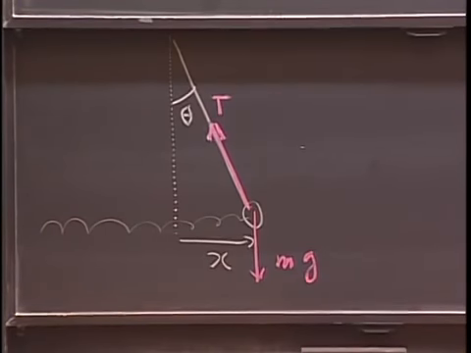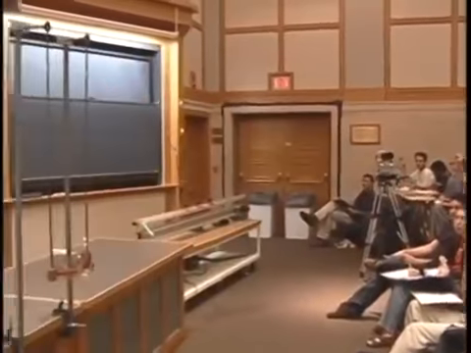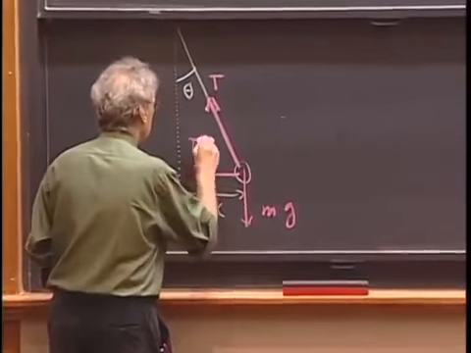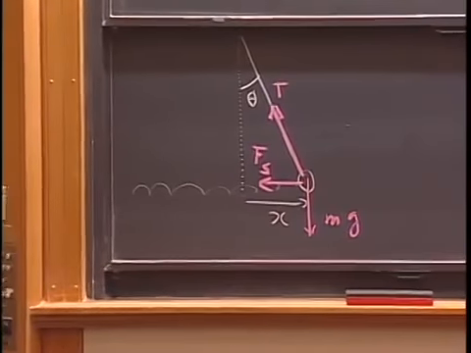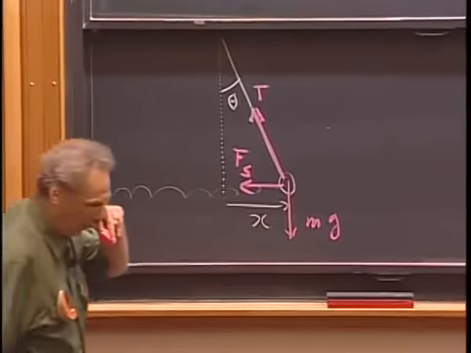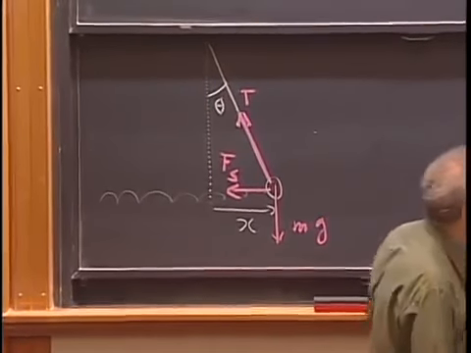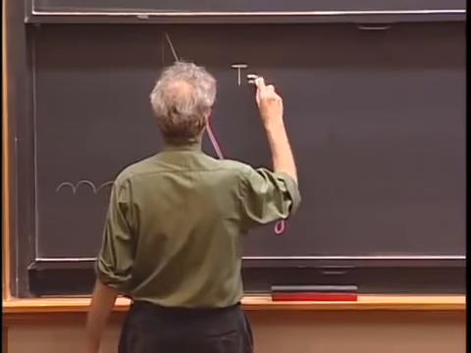What else is there? Spring. How much longer is the spring than it wants to be? 2x. Exactly. In other words, there is a force here. I call that the spring force Fs, which is bringing it also back to equilibrium. And that one is 2kx. Now, the tension is very close to mg.